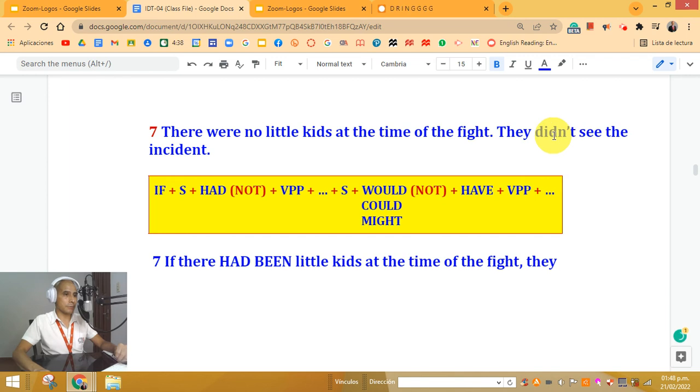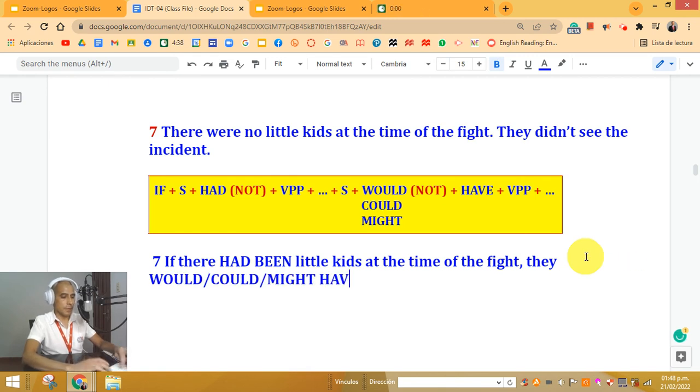Here says didn't. It's negative. I have to use affirmative. What verbs can I use? I can use would. The other one is could. And finally, we have might. Plus have plus the verb in the past participle. In this case, the verb is see. So the past participle is seen. Okay. And I copy the rest of the information.